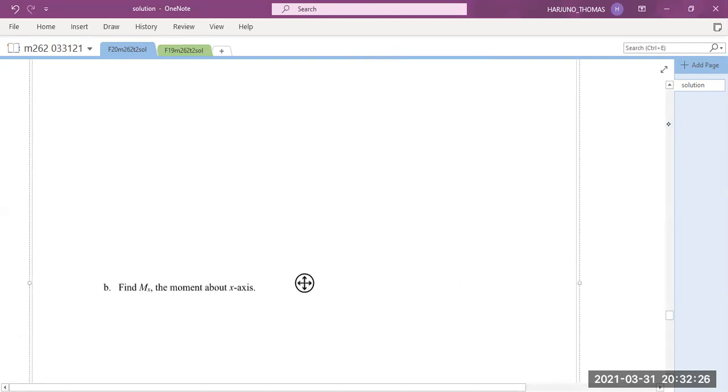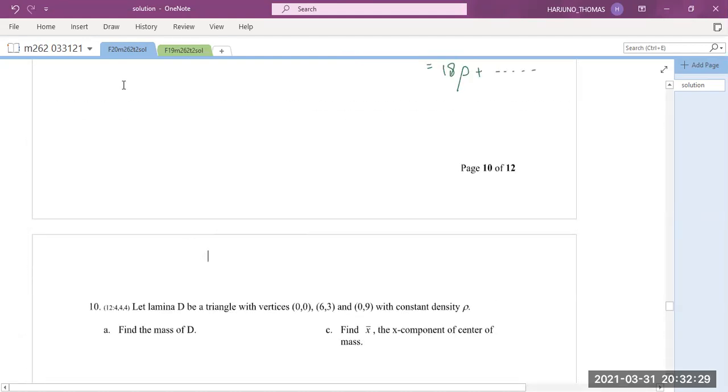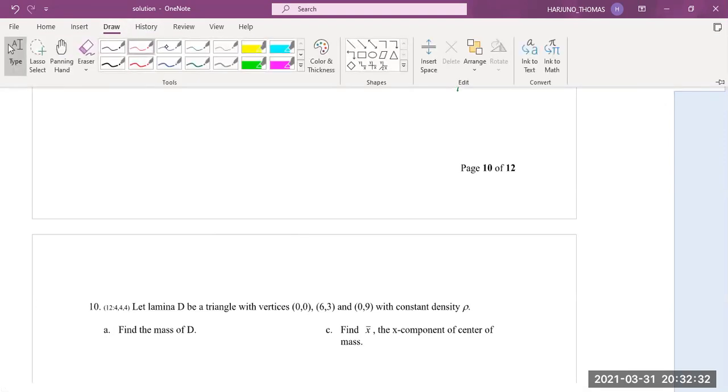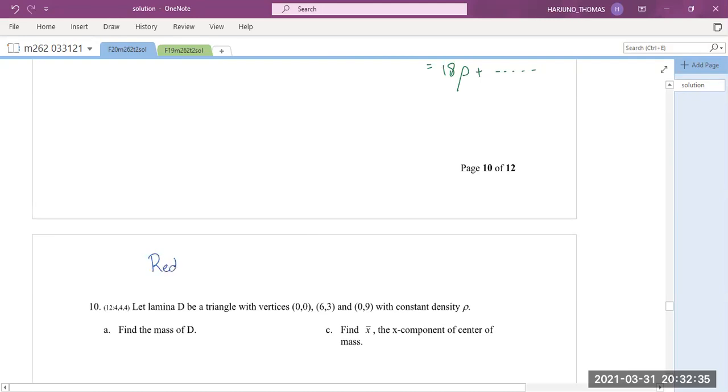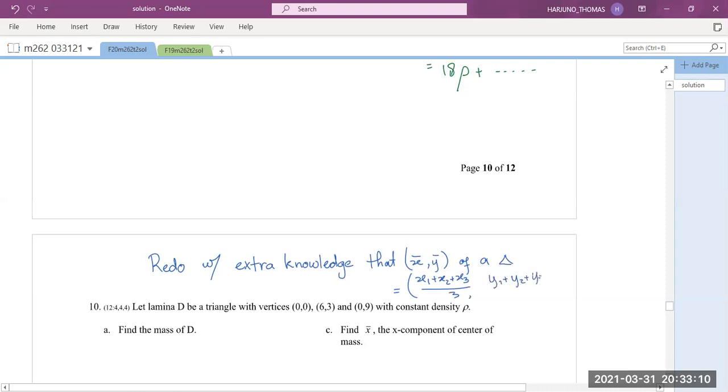So for number 10, I will redo it with the extra knowledge that the x bar, y bar of a triangle is given by x1 plus x2 plus x3 over 3, y1 plus y2 plus y3 over 3.